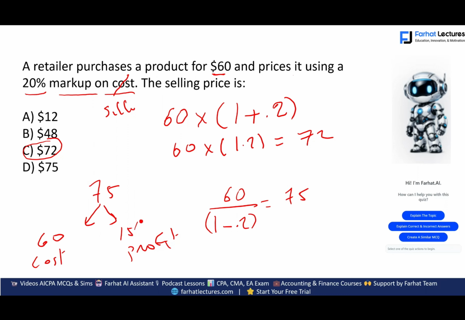If you take 15 divided by 75, you get 20%. If you take 60 divided by 75, the cost is 80%. So you take your cost divided by the percentage of cost, which gives us 75. But here they're asking about markup on cost, not markup on selling price. Be careful. That's how they try to trick you on exam day.